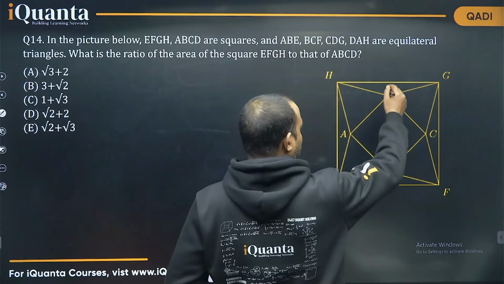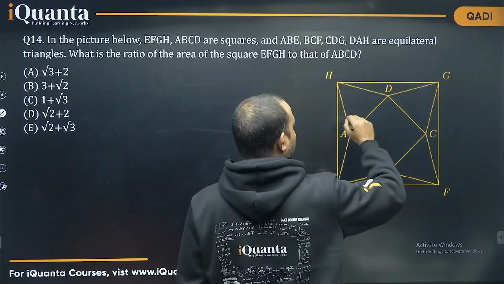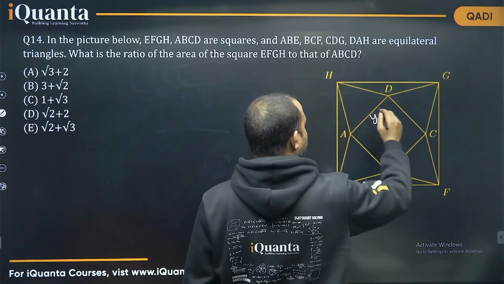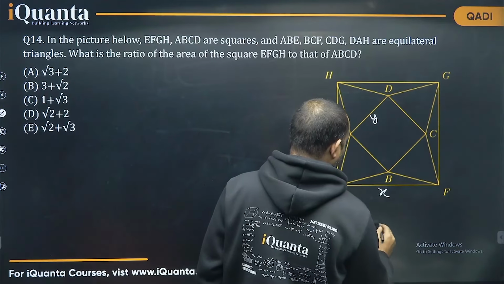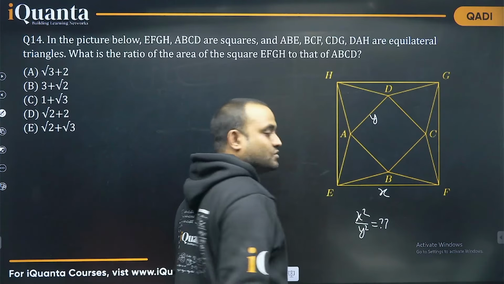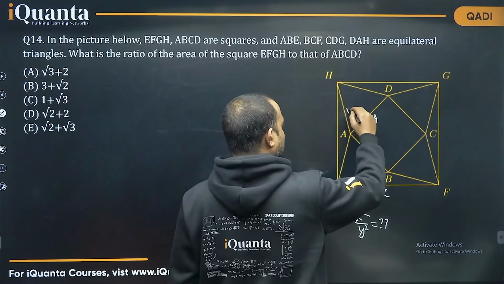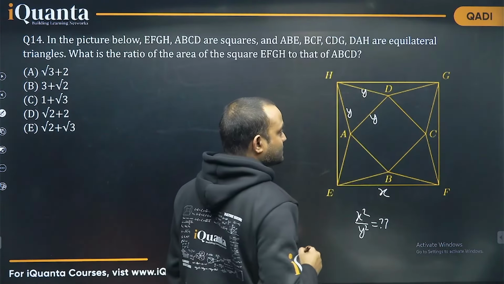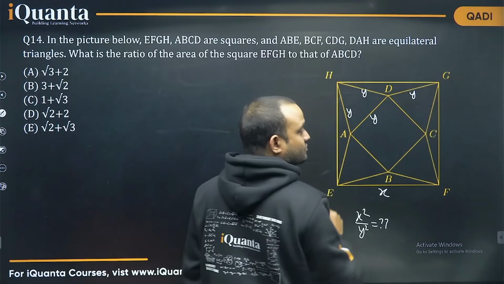Let's say the side length of EFGH is X and the side length of ABCD is Y. So, what do we need to find? We need to find X square upon Y square is equal to what? Now, if this is Y, this will also be Y, this will also be Y, correct? And so, this length will also be Y, DZ will also be Y.